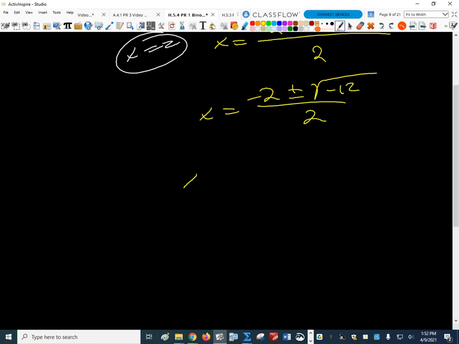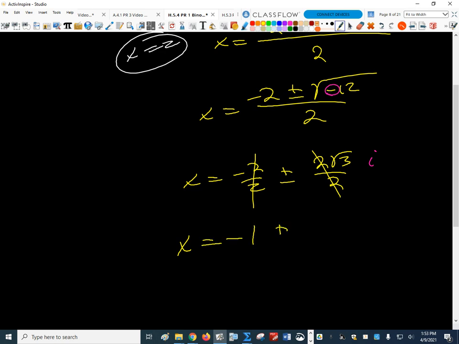So let's split that up. That's going to give me negative 2 over 2 plus or minus the square root of 12, which is 2 radical 3, times i, because I've got a negative, over 2. Well, the 2's cancel, the 2's cancel. And look at this. I got x equals negative 1 plus or minus the square root of 3 i. There's my other 2. Cool, huh?